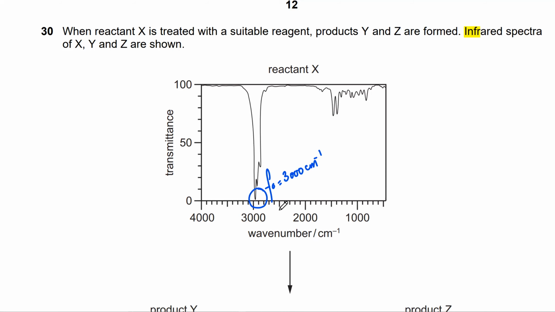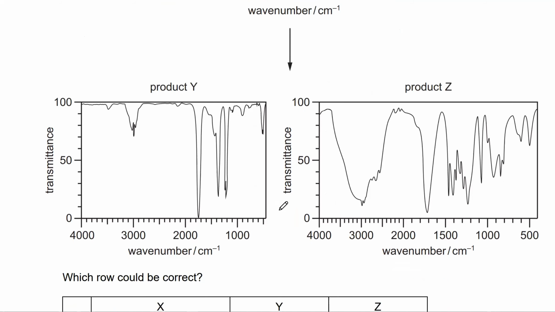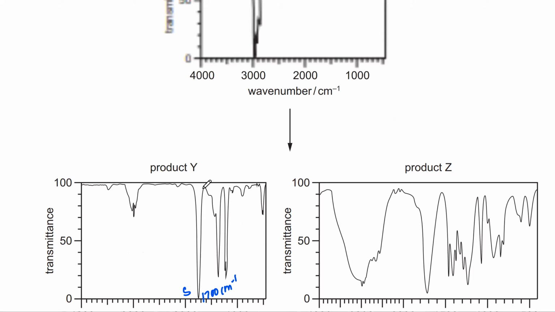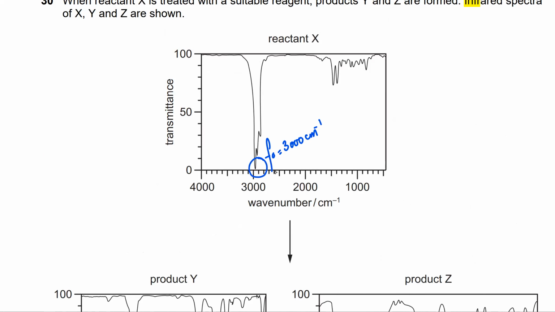So that is X, and this one is Y. If you look at product Y, there is something, I think that's 1700, approximately. This is known as a strong absorption, so the appearance of the peak is strong. This one is also kind of strong, I'm going to write S with it.